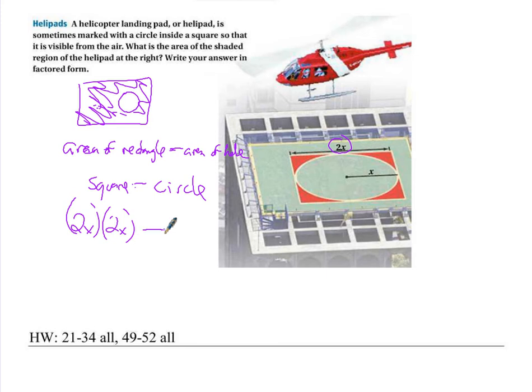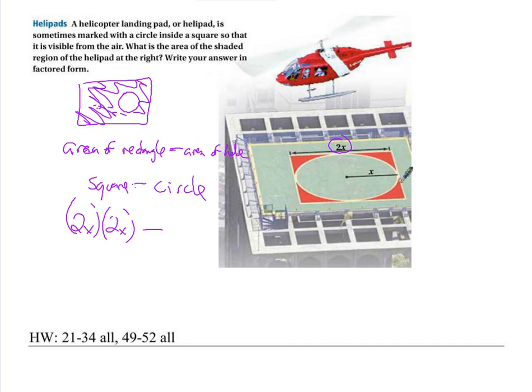Now I'm going to subtract what? The area of the circle, yeah. So how do I find the area of a circle? Good. The area of a circle is pi r squared. What's r mean? The radius. What is the radius here? Yeah, they gave you it. It's x.